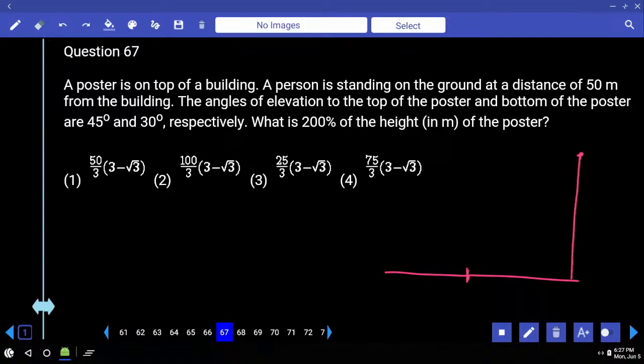Actually, if we are observing the top and bottom of the poster, the angles of elevation are 30 degrees and 45 degrees. We are observing at a distance of 50 meters from the building. Understood or not?